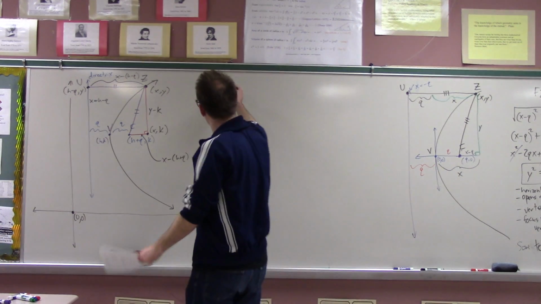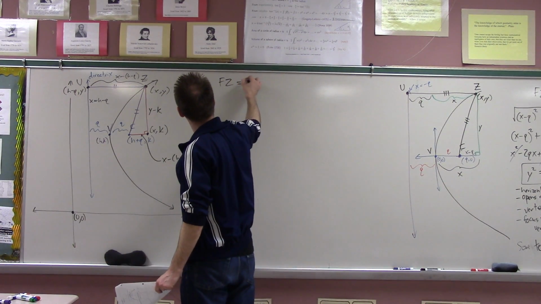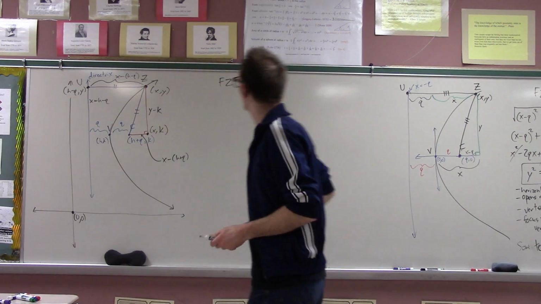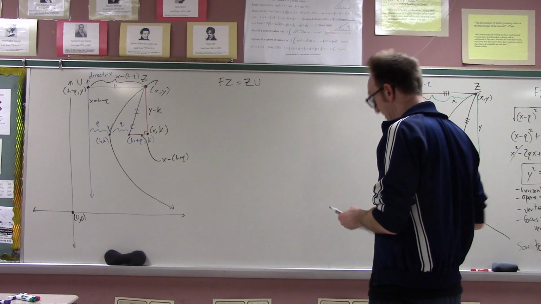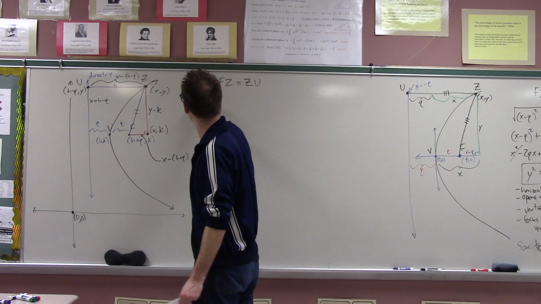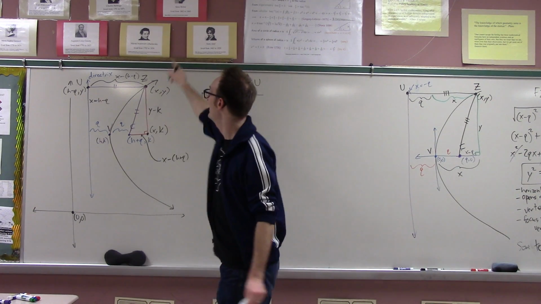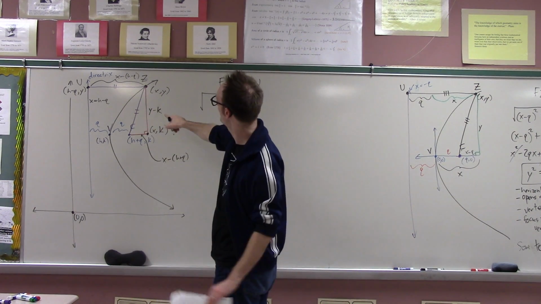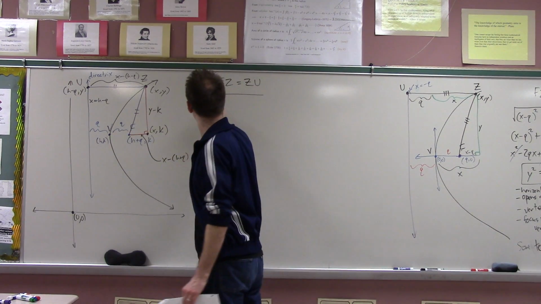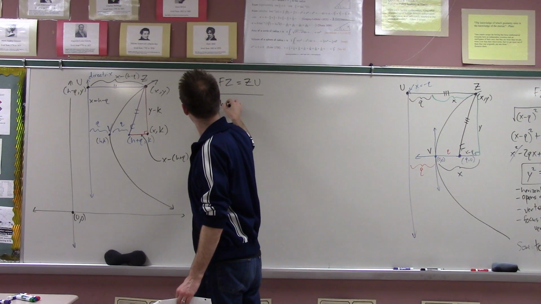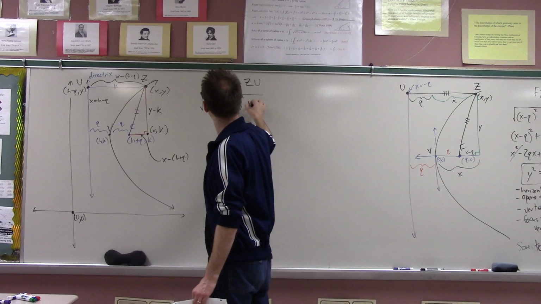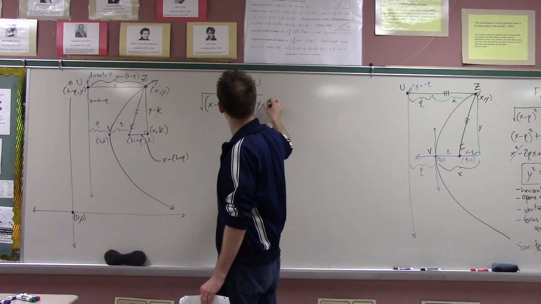What you end up with is, by the definition of the parabola, fz equals zu, and so we can write the equation of this thing. How? Well, fz, being careful now, is, by the Pythagorean Theorem, the square root of x minus h plus q, squared, plus y minus k, squared.